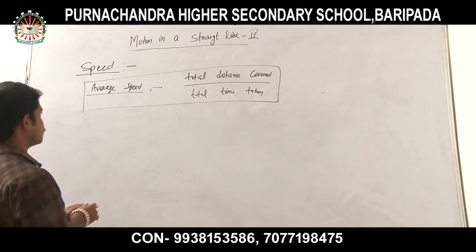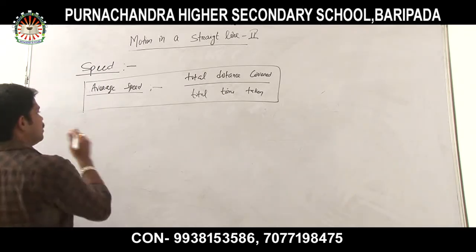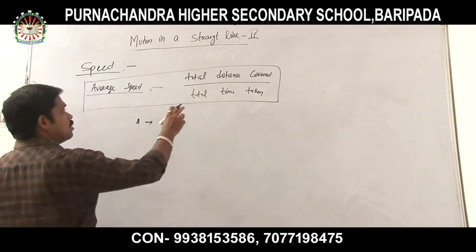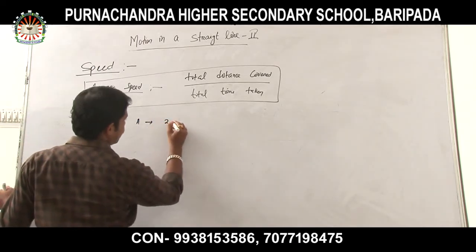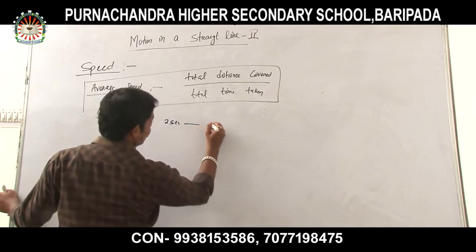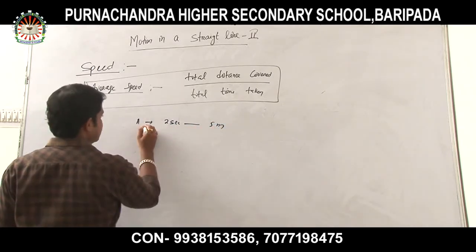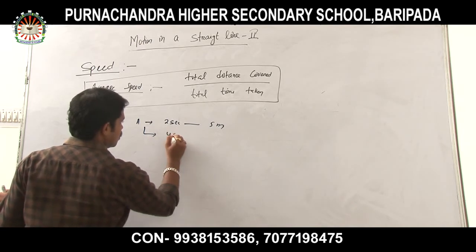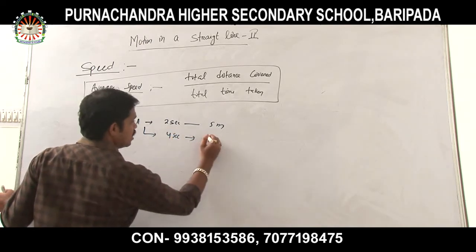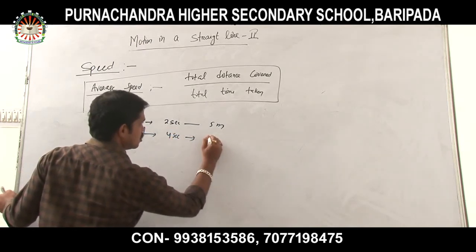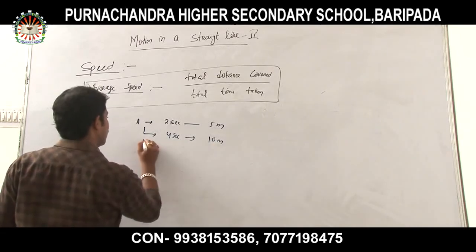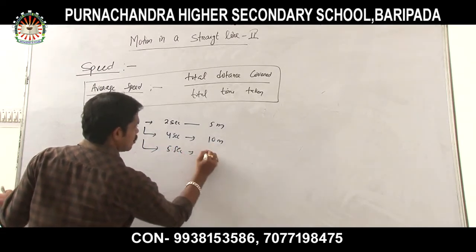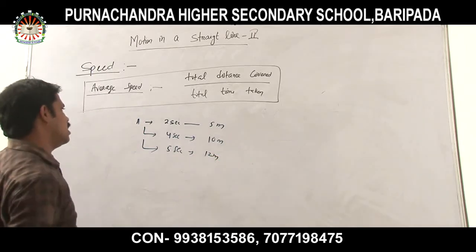Clear? So now suppose your object A, in 2 seconds it covers 5 meters. Then the same object A in 4 seconds covers 10 meters. Then in 5 seconds it covers 12 meters.